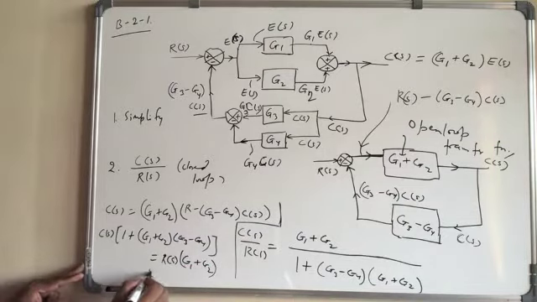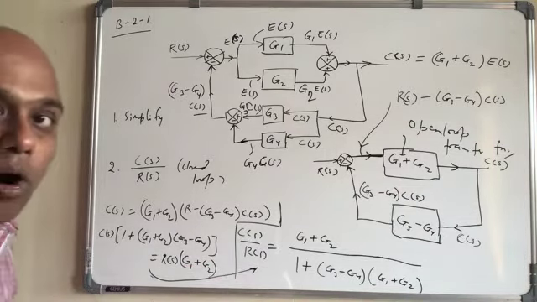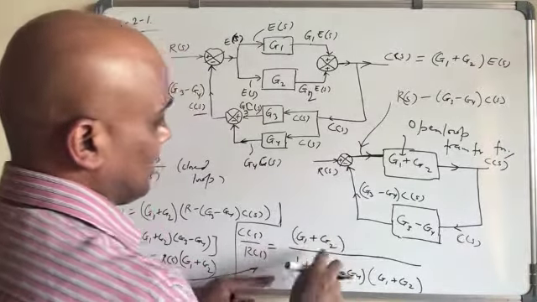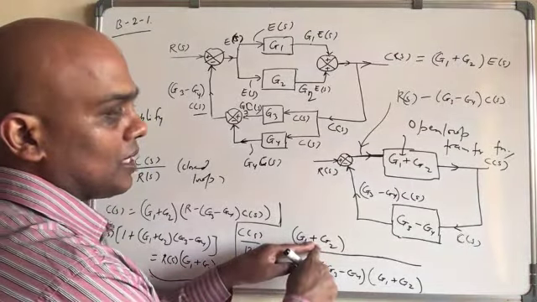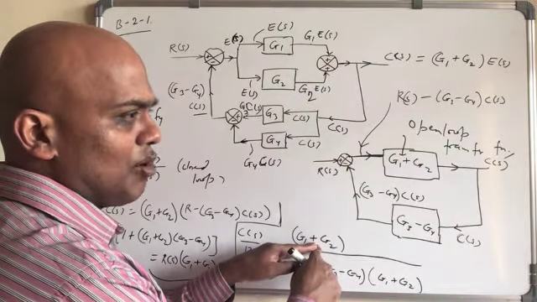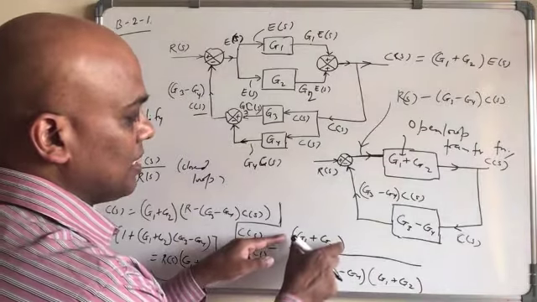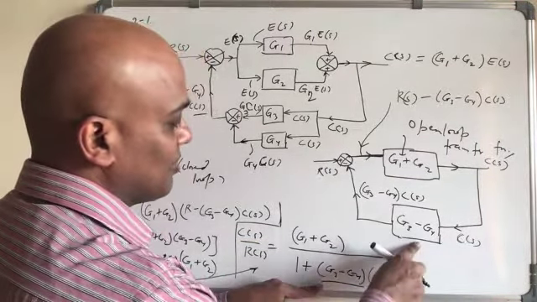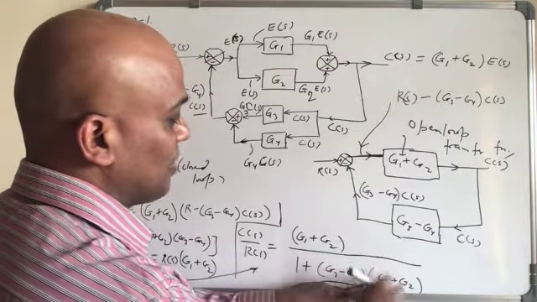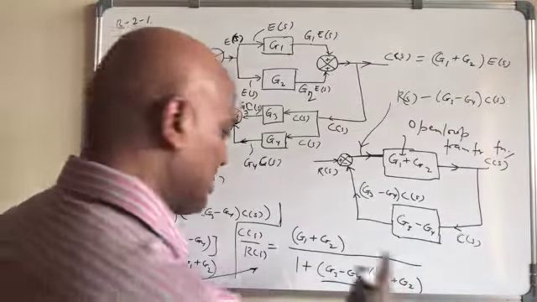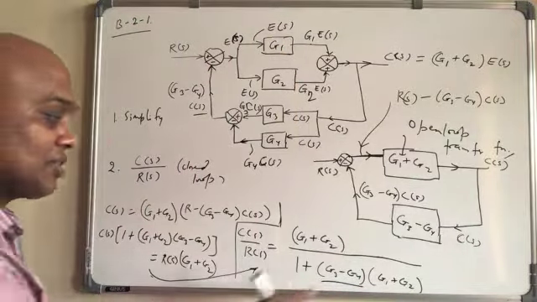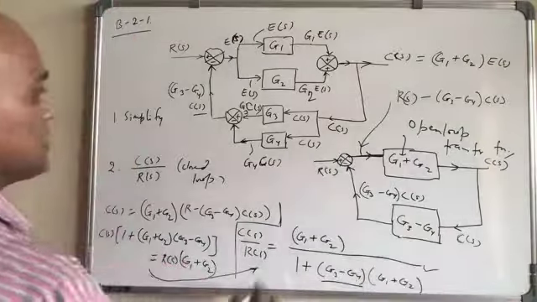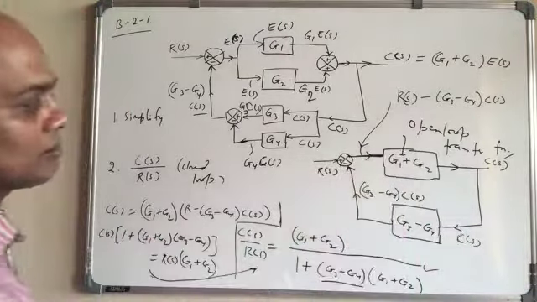Hence this. Or you can simply write, if you know the open loop transfer function, then it will be open loop transfer function divided by 1 plus whatever the feedback value is multiplied by open loop transfer function. In the last lecture video also we have done that, right? So this is what the answer will be, and the simplified will be like this.